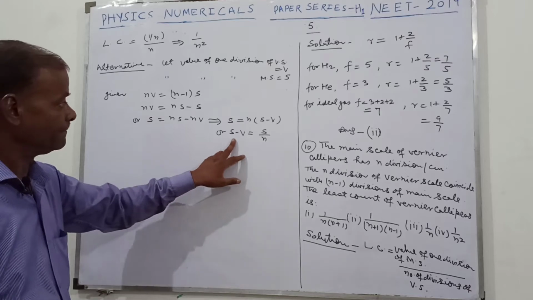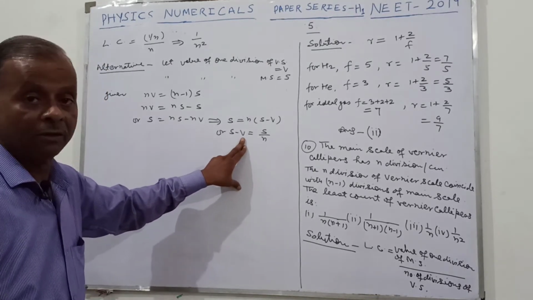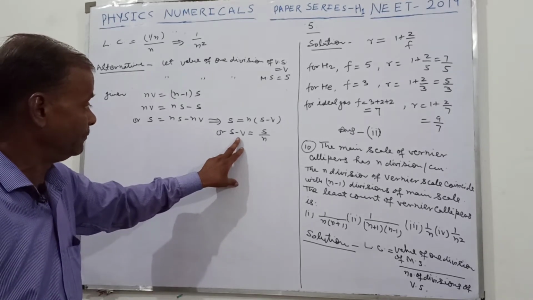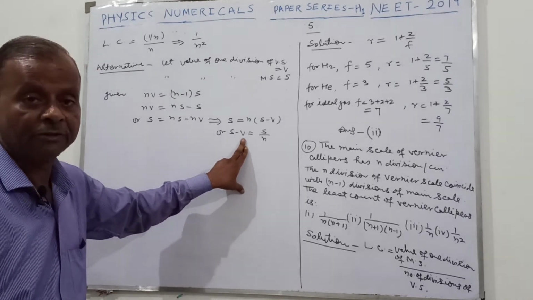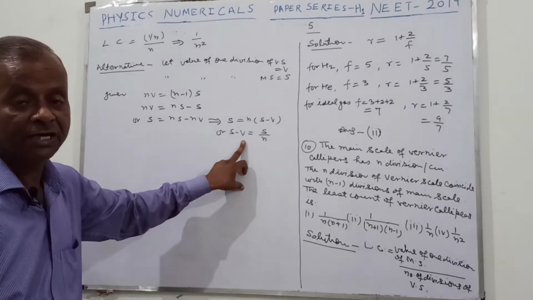So the difference of the value of one division of the main scale and one division of the vernier scale is equal to S upon n. From this formula we are getting it.